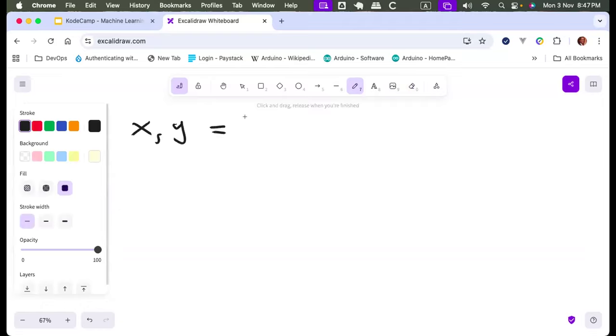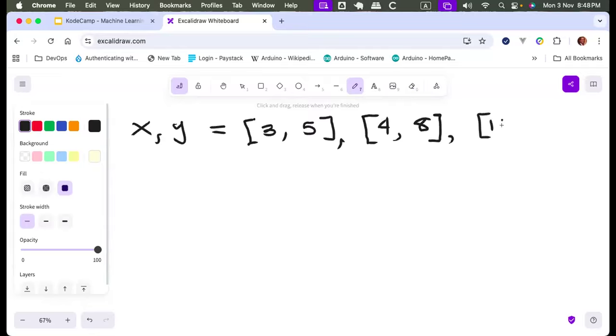And the X is, let's say, 3 and 5. X is 3, Y is 5. That's one data point. I have 4 and 8. And then I have 10 and 2.